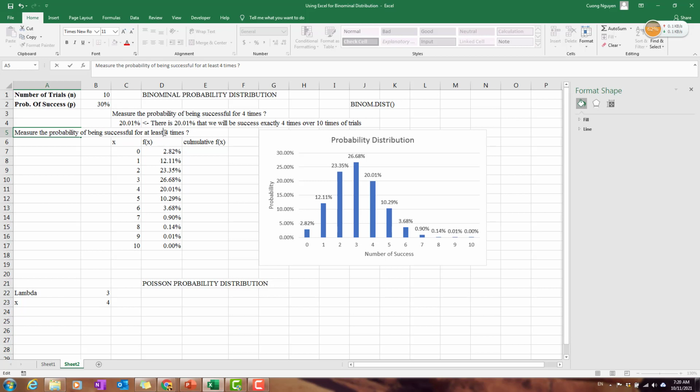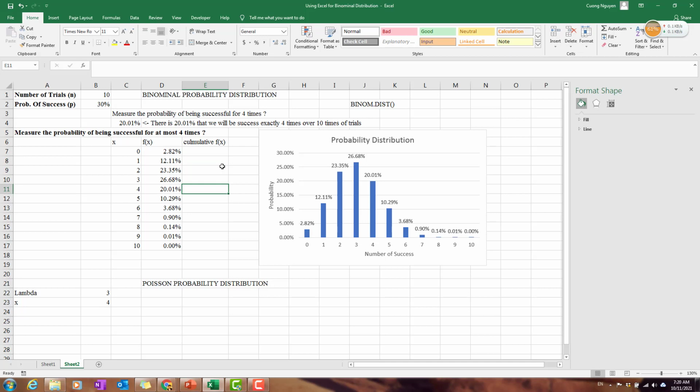Oh no, I mean at most. Sorry, at most 4 times. So this will be the function to measure at most. At most means equal to or less than 4 times, from 0 times to 4 times. This could be the function to measure this one, and that's the reason why we have to use the cumulative function. It's quite the same.